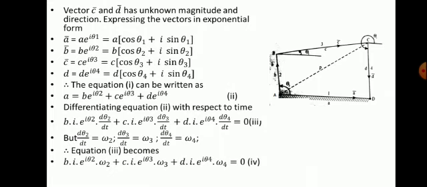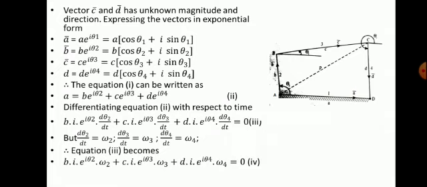Now we can observe here d theta 2 by dt is equal to omega 2, d theta 3 by dt is equal to omega 3, and d theta 4 by dt is equal to omega 4.